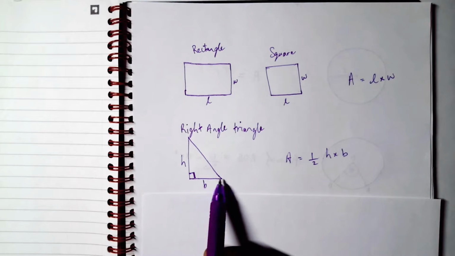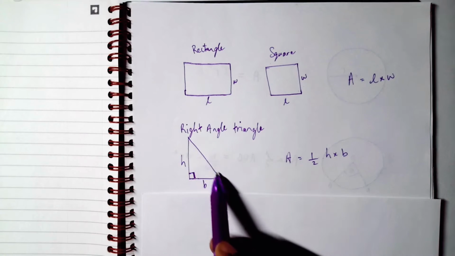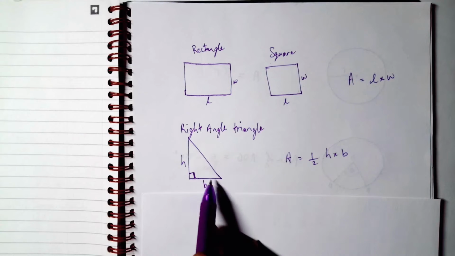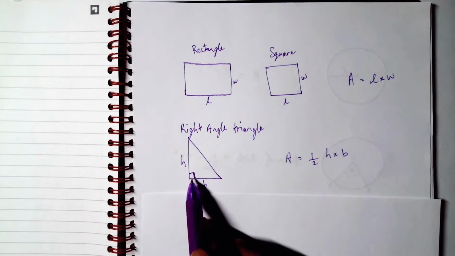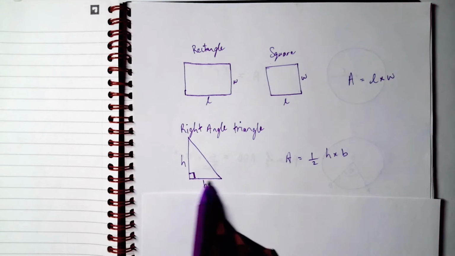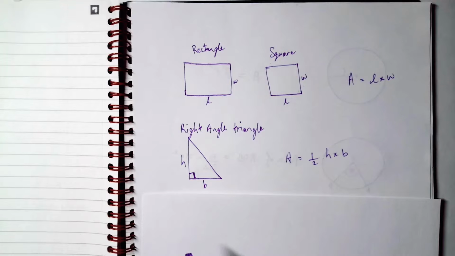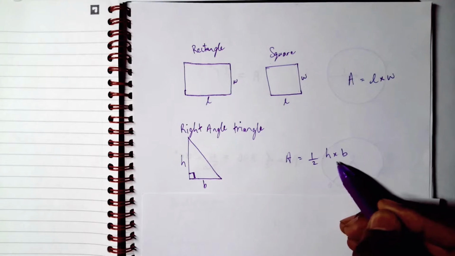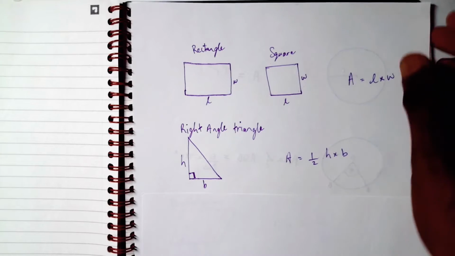The base is here and the height is here. The slant side is not the height. The vertical line is the height. This is the base, this is the height. All right, and the area is half height times base, or half base times height. Good.